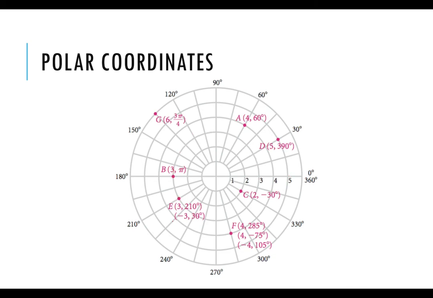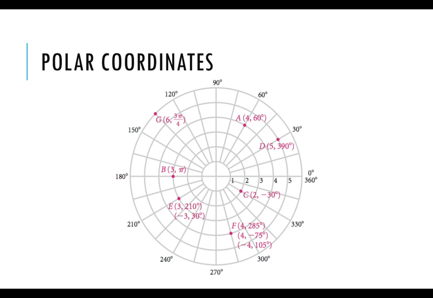Great. Then if I want to plot (negative 3, 30 degrees), I do the rotation of 30 degrees, so on that ray there, but then I go negative 3, and so I end up at the exact same location.